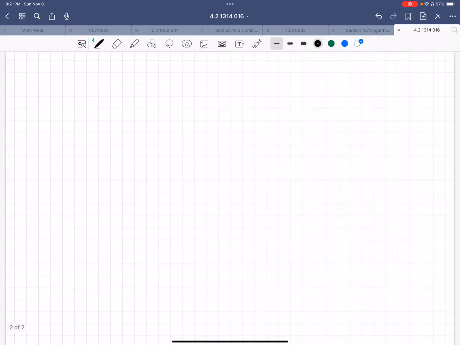Let's talk about some basic logarithmic properties involving 1.